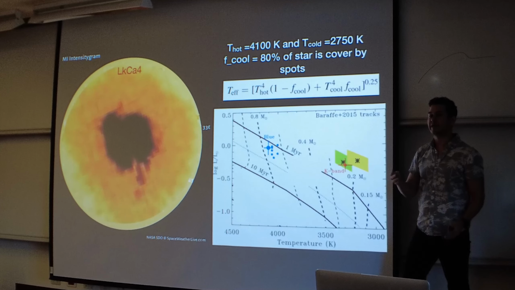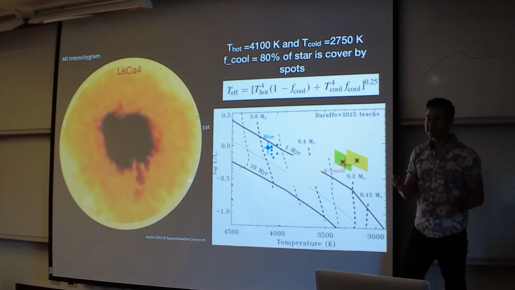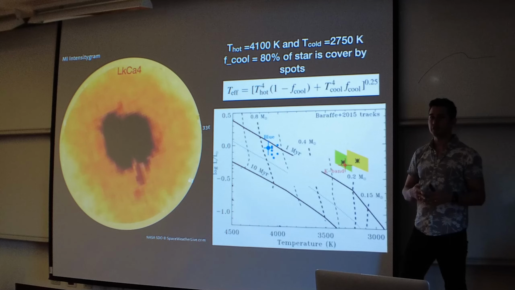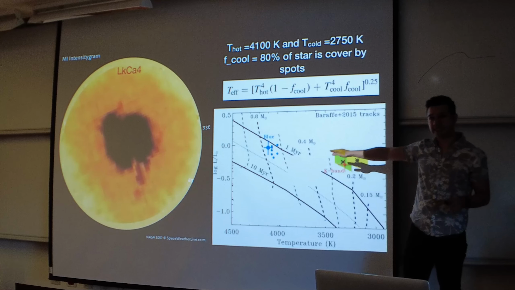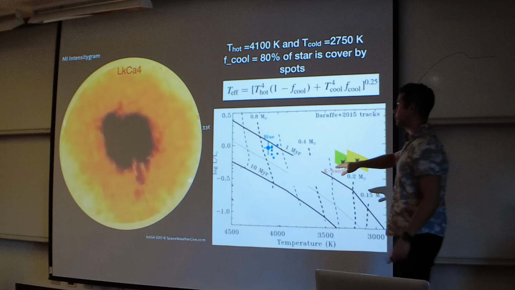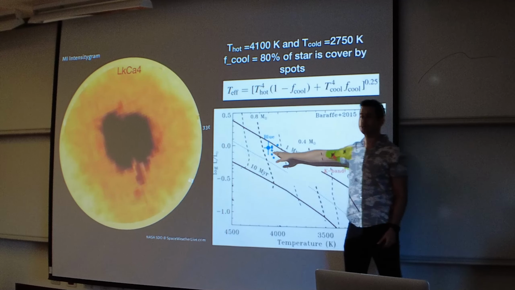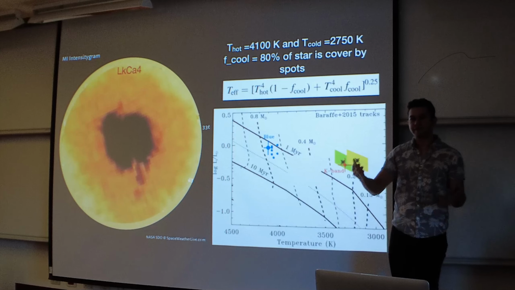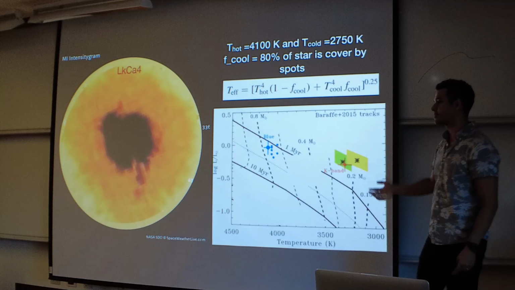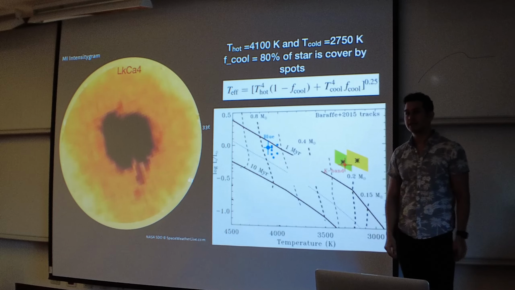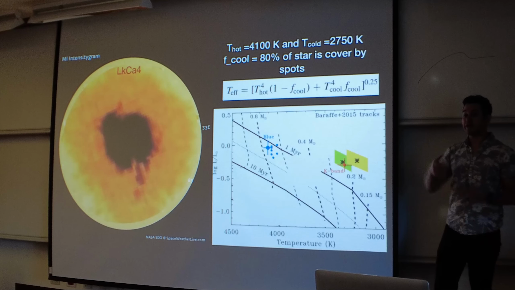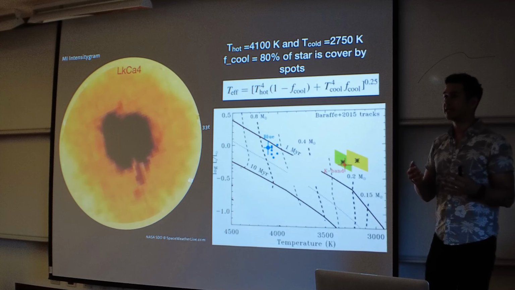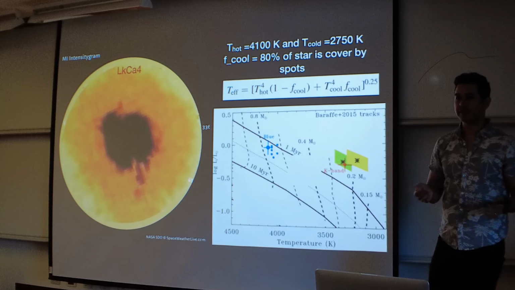This is an error of a factor of 4 in mass measurement for young stars. It's not 10, 20, 30%. You can see here from this plot that people thought that, okay, this is the temperature of the star, maybe it has an uncertainty of 50 Kelvin, 100 Kelvin. That's an uncertainty of 0.1 solar masses. But this is a factor of 4 different. And I'm going to be very emphatic that this is not just saying that we have an extra error of a factor of 4.